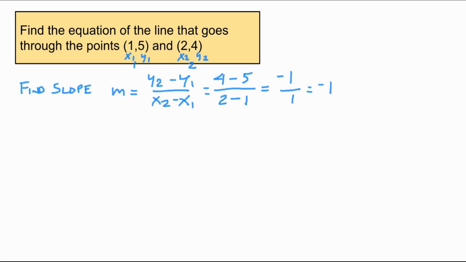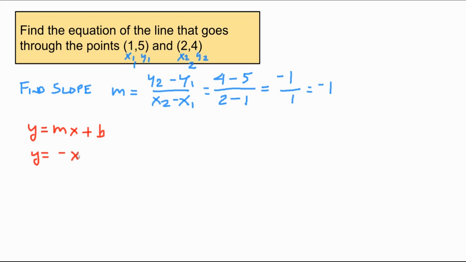Now, just like in the problems where we are given the slope and 1 point, we can use our standard equation, y equals mx plus b, and substitute in negative 1 for the slope. y equals negative.